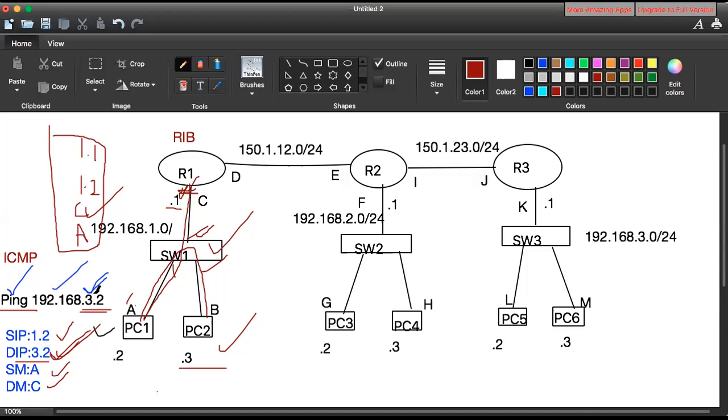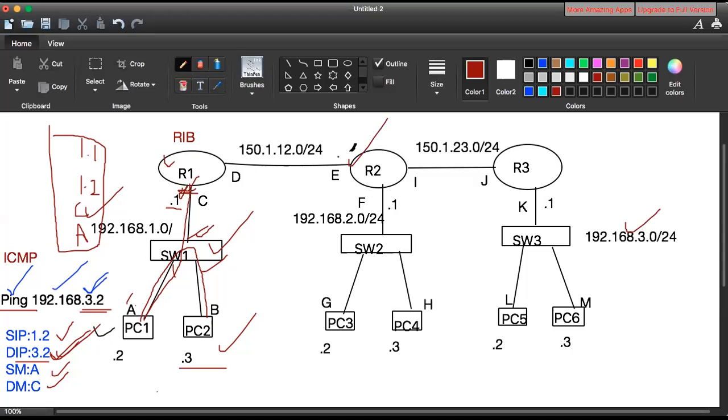So finally R1 has dropped the packet, it is gone, but now we want to fix it, isn't it? After looking at the output, we would log in to R1, and let's say we fix the routing issue. Maybe we make a static entry in R1 saying, to reach the 3.0 network, send the packet to your next hop IP, this guy over here, .2.